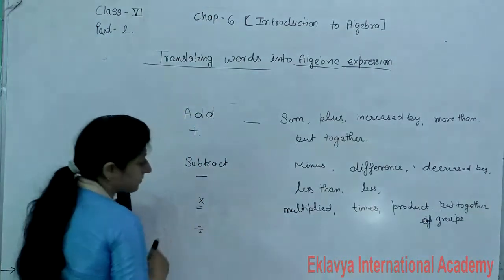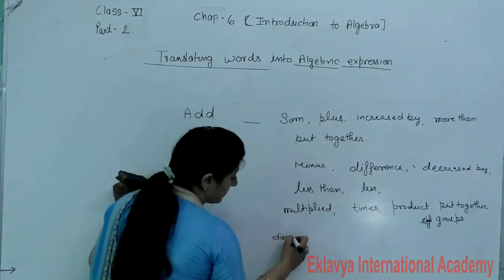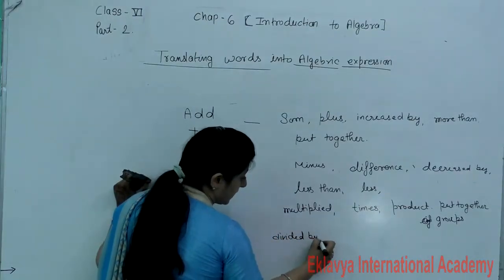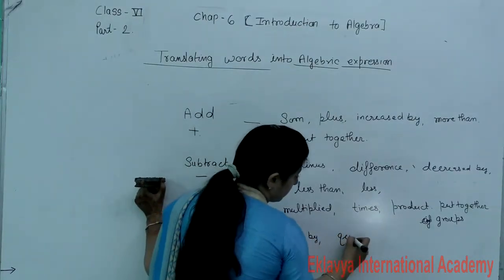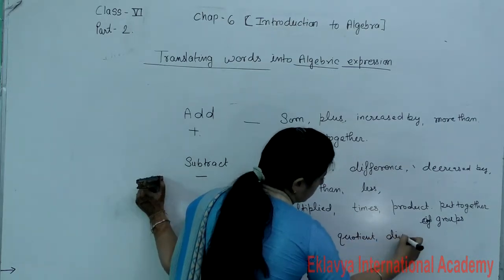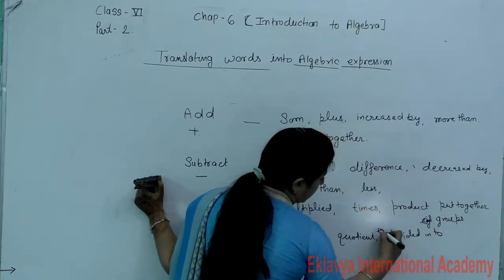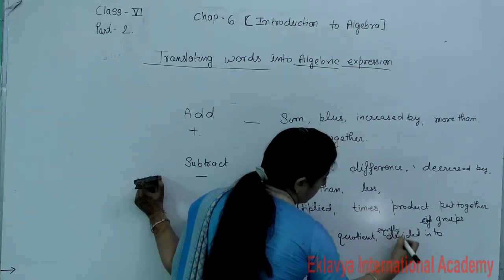Division: divided by, quotient, divided into groups, equally divided into groups.